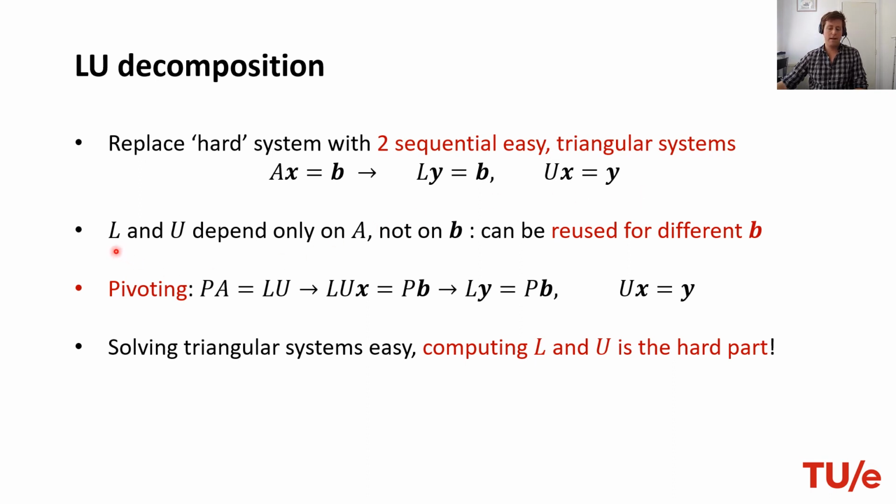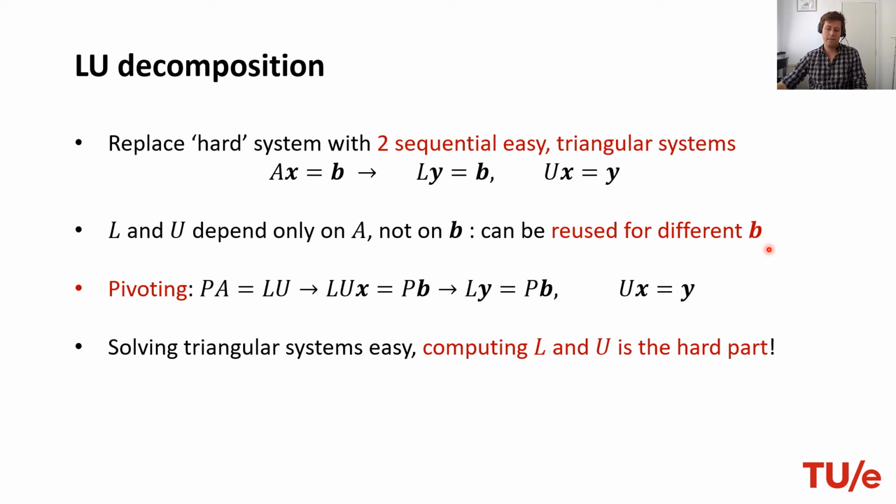Also importantly, L and U depend only on A, not on b, and L and U are also not unique for a given A. However, the fact that it doesn't depend on b means that we can reuse it to solve the linear system for different values of b very easily.